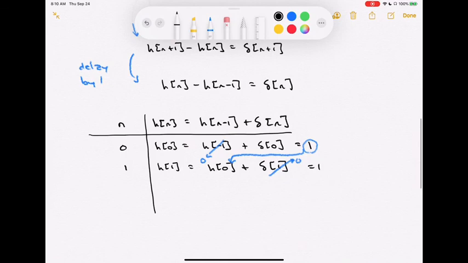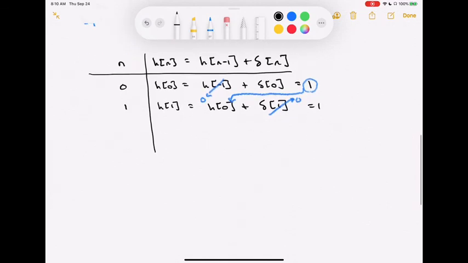So again, we're going to get a value 1. Now, it turns out this is a really simple system. So going on to step 2 and further, we get h of 2 equal to h of 1, which is again 1, plus delta 2, which is again 0, which is 1. In this particular case, we can see that this thing just sits at 1.